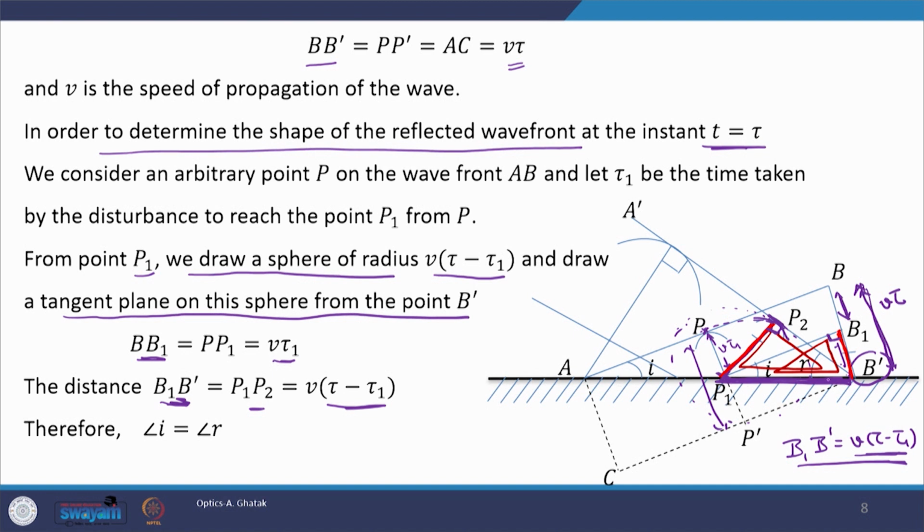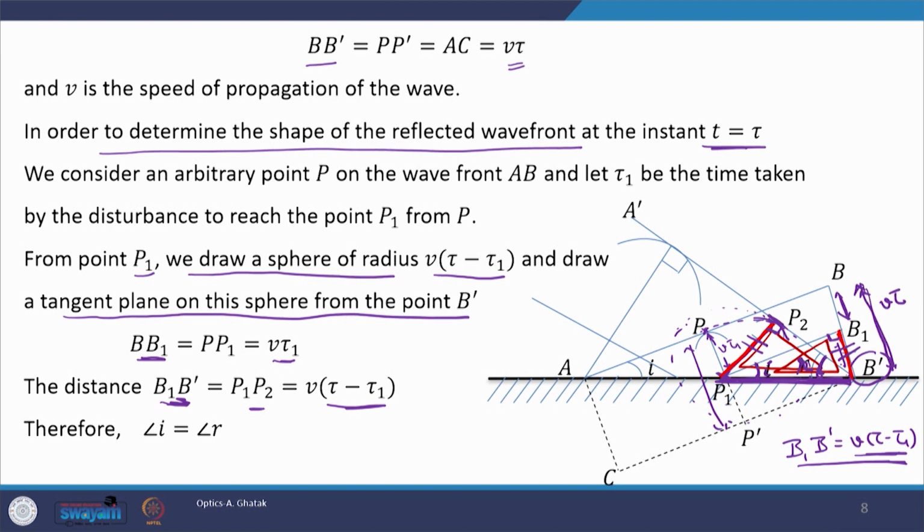P1 B prime is common, and this side is equal to this side: P1 P2 is equal to B1 B prime. The base is common, and one side is equal to one side of the other triangle. Therefore, two sides are equal, and since they both are right angle triangles, one angle is also equal, and therefore the angle of incidence would be equal to the angle of reflection. I would be equal to R, therefore, which is nothing but the law of reflection.